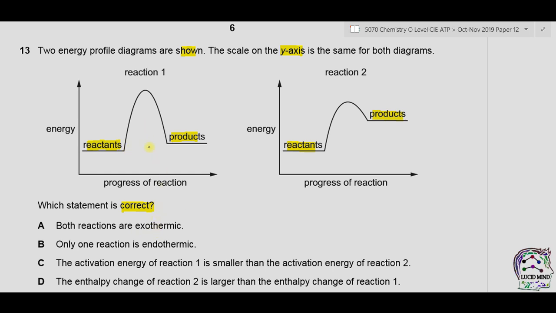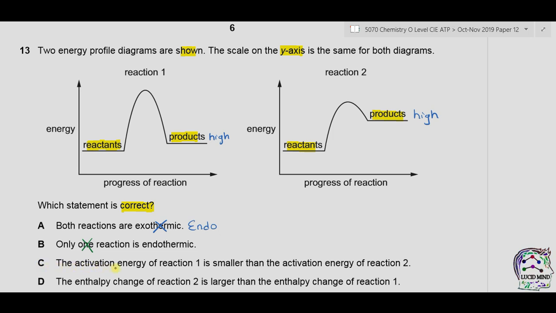As we can see that the energy of product is high as compared to the energy of reactants in both diagrams. So therefore both reactions are endothermic, they are not exothermic. B. Only one reaction is endothermic. This is also incorrect because both of the reactions are endothermic as the reactants are absorbing energy to form product.